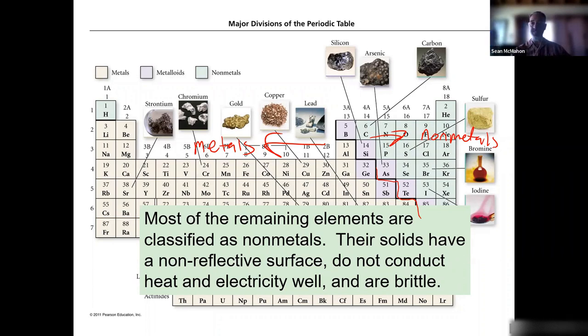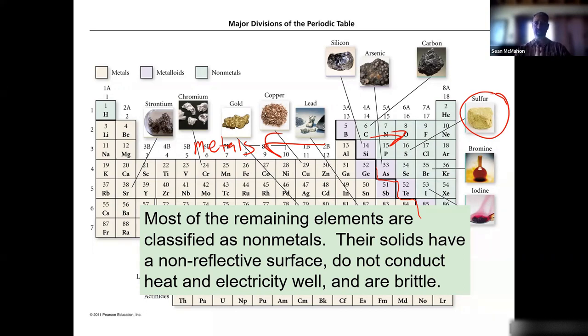If they are solids, they're not reflective. And you can see that in the case of sulfur right here, right? Most of the time, they're non-reflective. They don't conduct heat or electricity, and they're brittle if they're a solid. I can't hammer them into shape like phosphorus or sulfur, right?